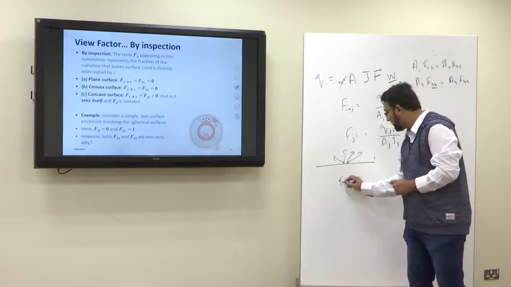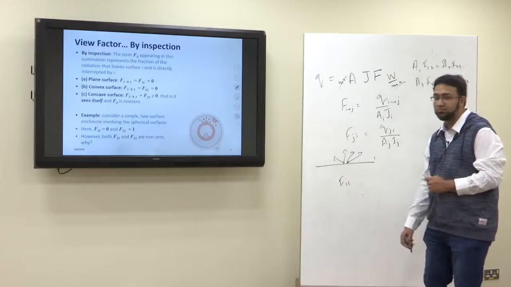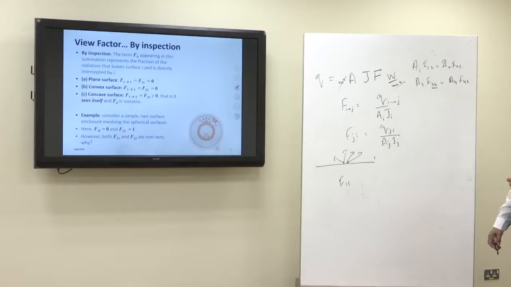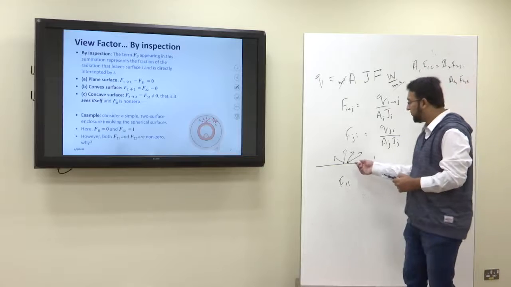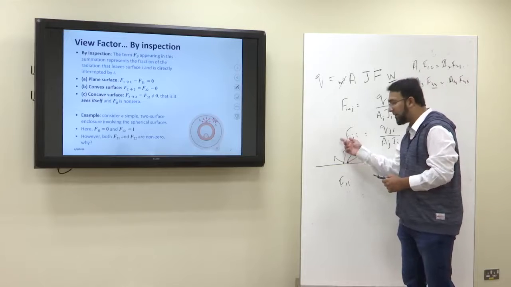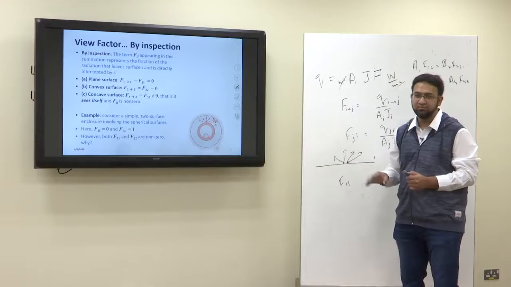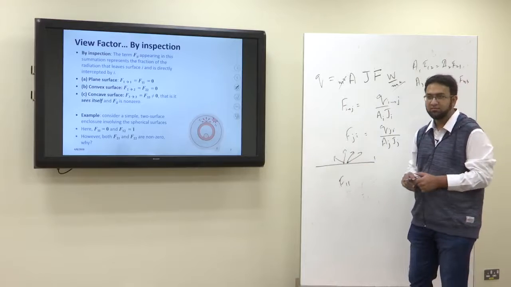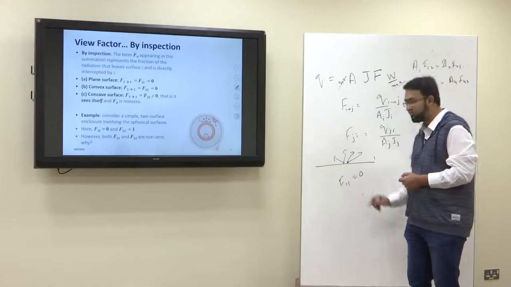So what will be the view factor from 1 to 1? How much of the energy emitted by 1 will reach 1? Nothing. It will be 0.